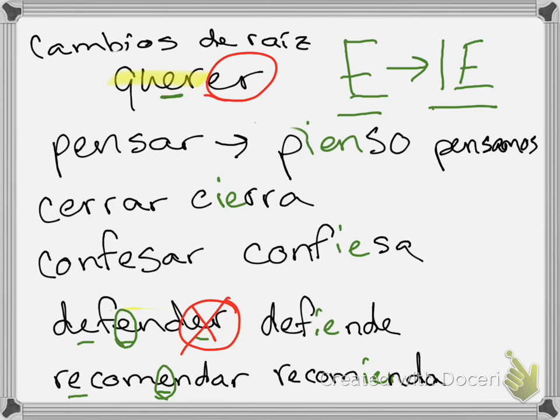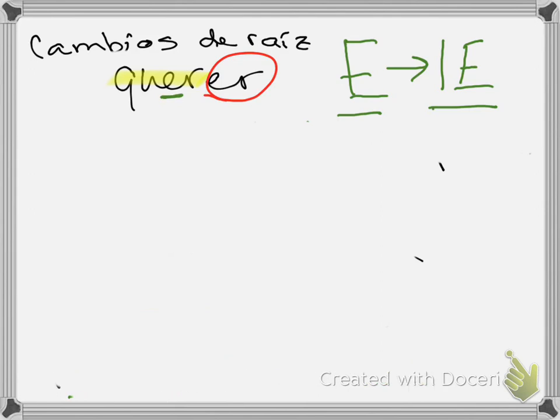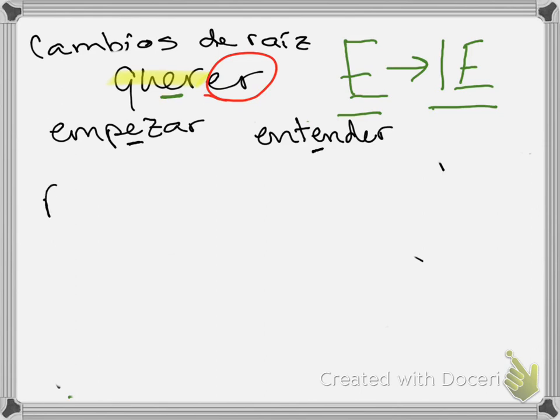A few others that have this change, I'll give you a little bit of a list here, common ones that include this would also be empezar, which means to begin, empieza, okay, entender, which means to understand, entiende, perder, which means to lose, pierde, sentar, which means to sit, right? We often put se or me or te in front of it, right? Me siento would be I sit down, right?